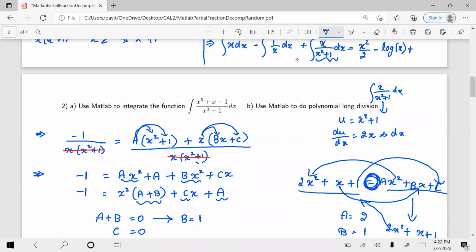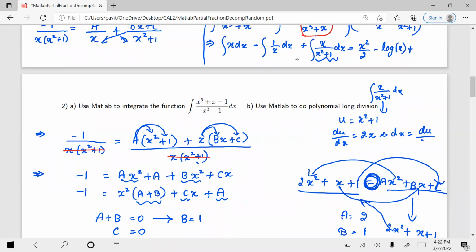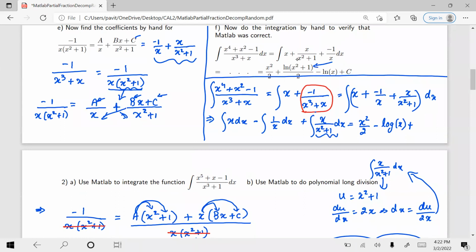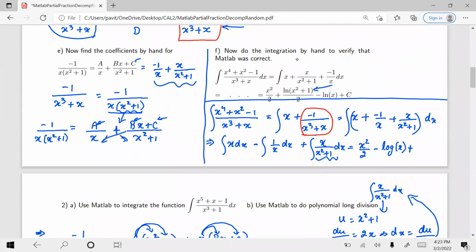So dx will be du by 2x. You are going to plug all this here and you will get the answer as ln x square plus 1 by 2. I'm not going to do the entire step because that's what we have been doing from the previous lab. So I hope you all know what U substitution is and how to perform that. So I'm going to stop it there. This is how we apply partial fractions by hand.